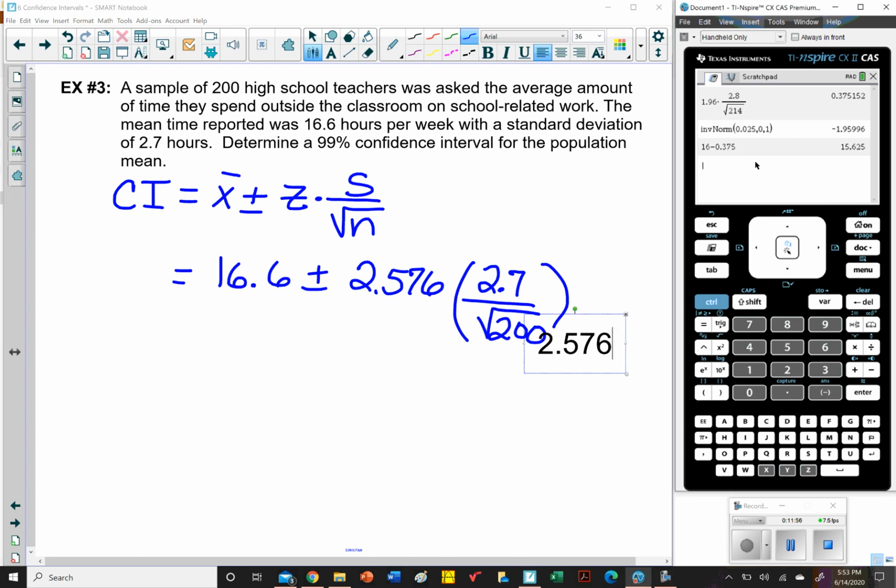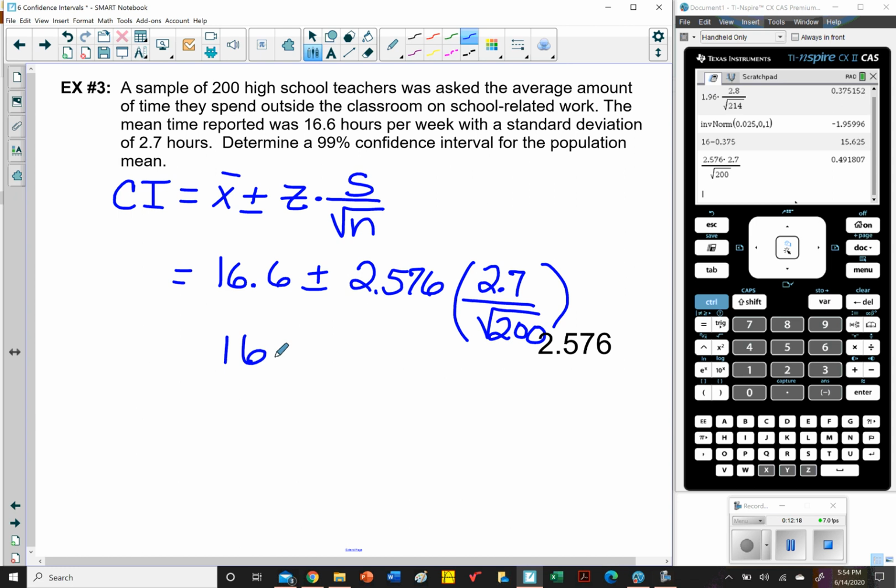Whoop, that didn't work, did it? 2.576 times 2.7 divided by the square root of 200 teachers. So 0.4918. So we got 16.6 plus or minus 0.4918.